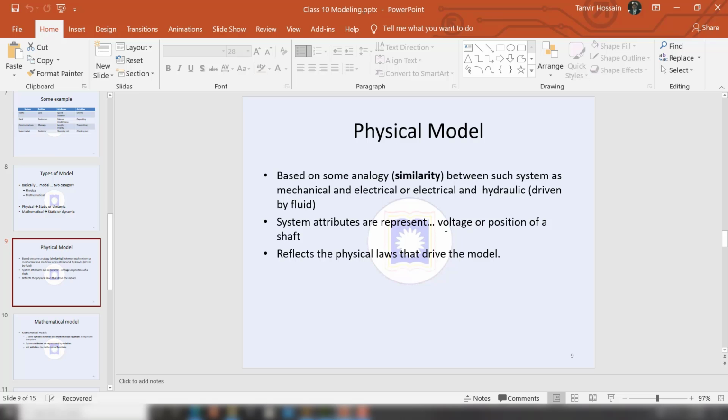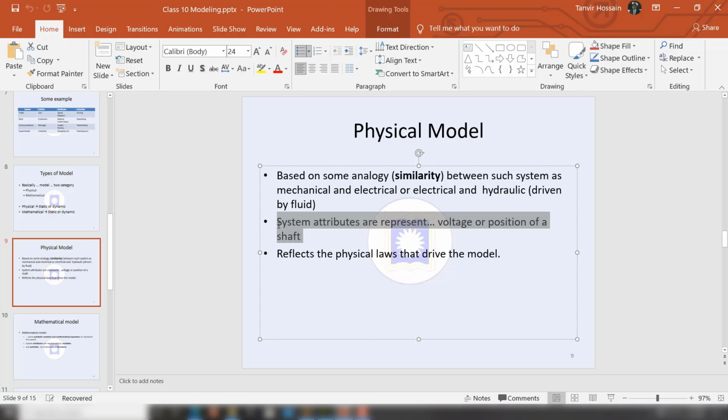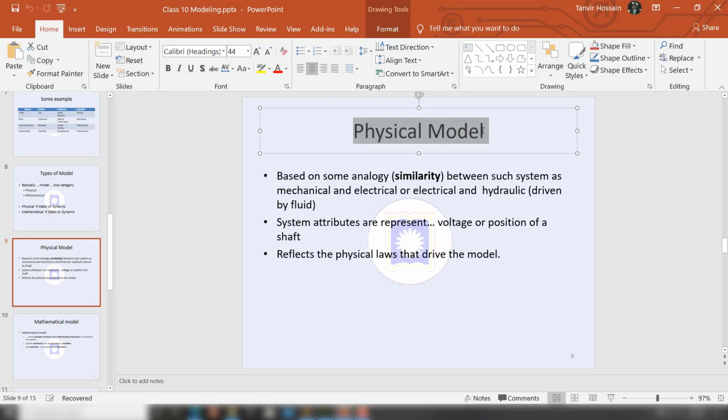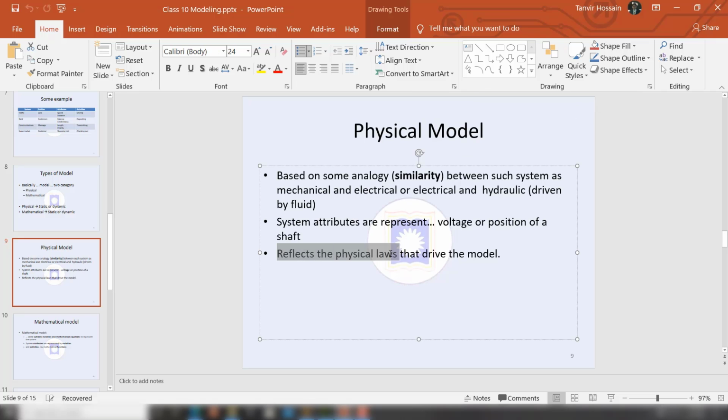System attributes are present, like voltage or the position of a shaft, a specific thing that you can see and differentiate from other entities of a system, and we may need a one-to-one mapping, and then we are going to use the physical model. It reflects the physical laws that drive the model. Yes, so that establishes the idea.